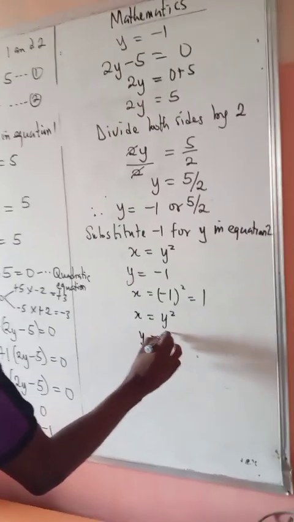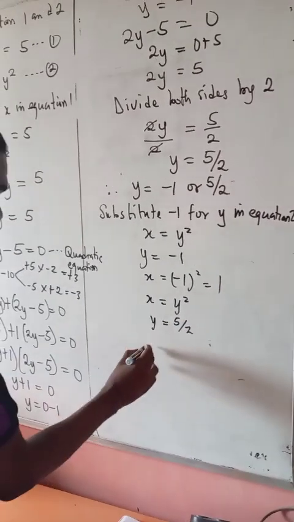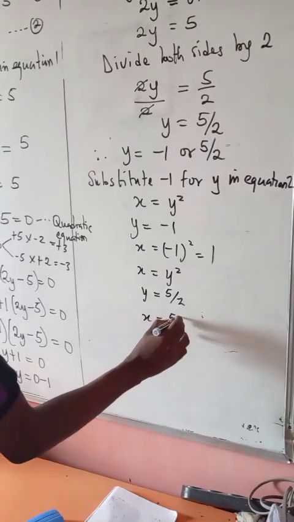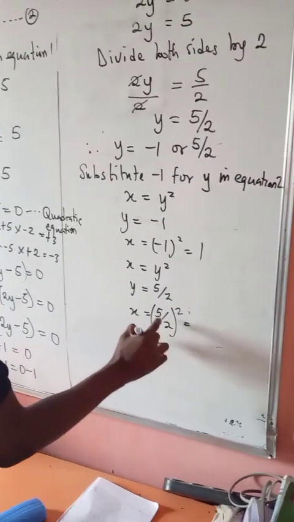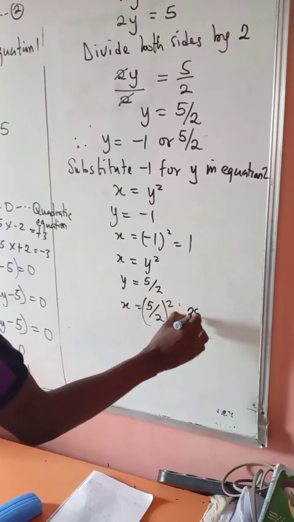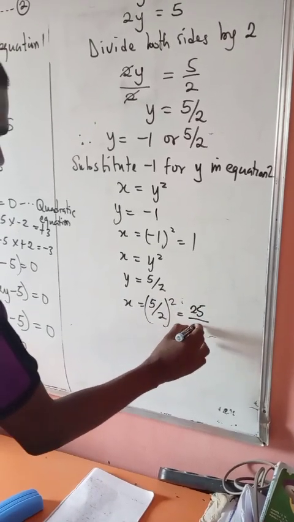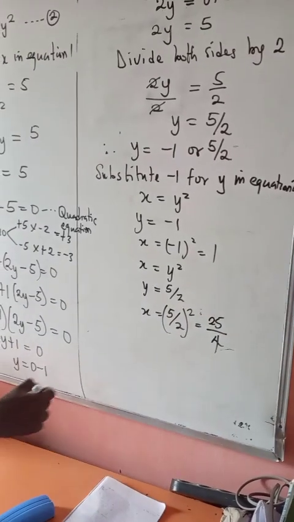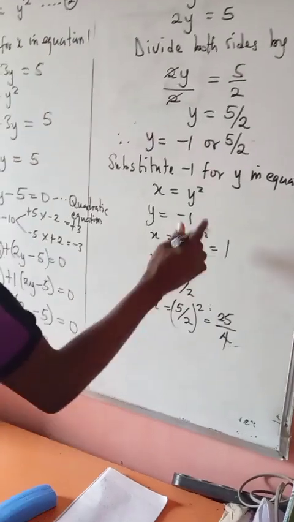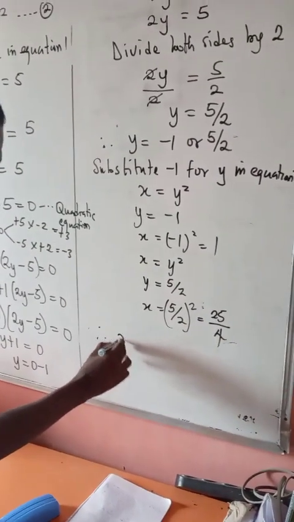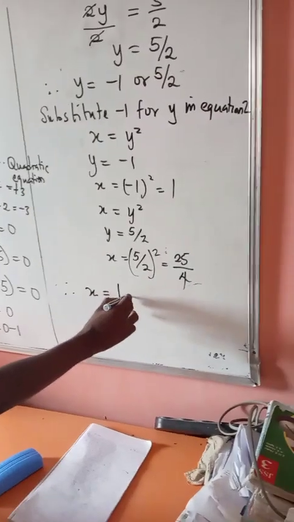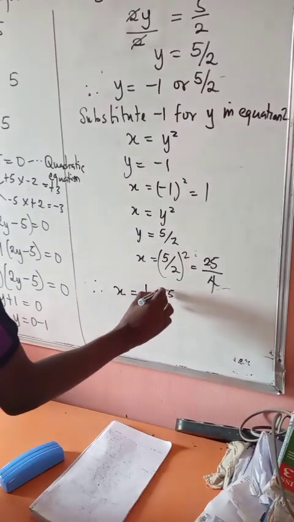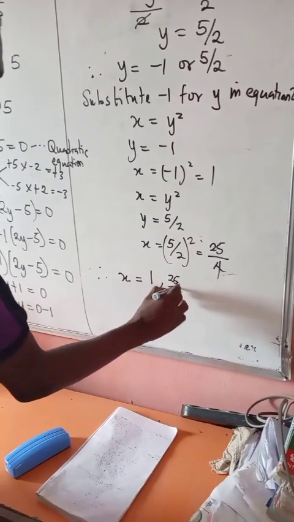When y is equal to 5 over 2, that means that x is equal to 5 over 2 squared. And we have 5 squared is what? 25. And 2 squared is what? 4. All right, so those are also the values. Therefore, x is also equal to 1 or 25 over 4.